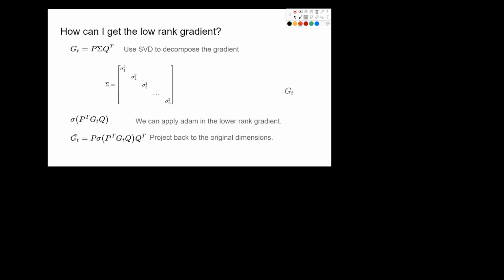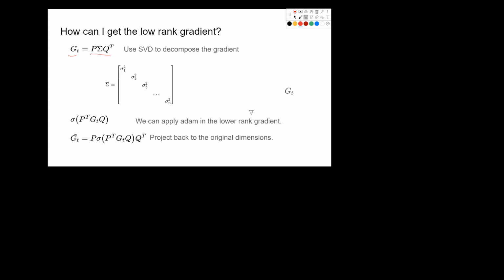Okay, so the next question is how could we get the low-rank representation of the gradient? The easiest way is using the SVD decomposition. We could decompose the gradient into this form by using the SVD.